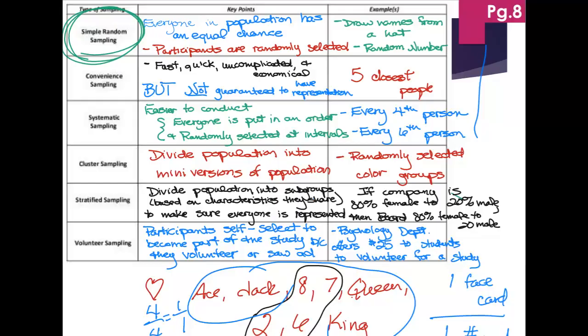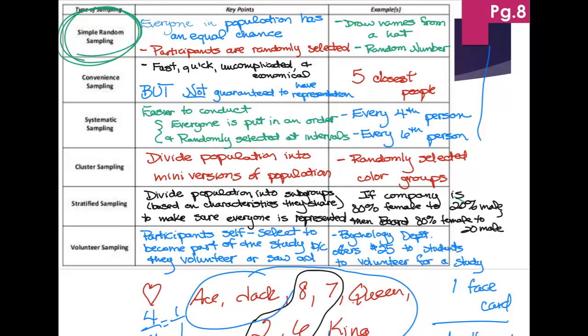Cluster sampling is not random because you have put them in different groups. I could put you in groups of eye color. Stratified sampling seems like it would be fair, but it's not random. And volunteer sampling, not everybody likes to volunteer. So that is not random either. All right, any questions about sampling?